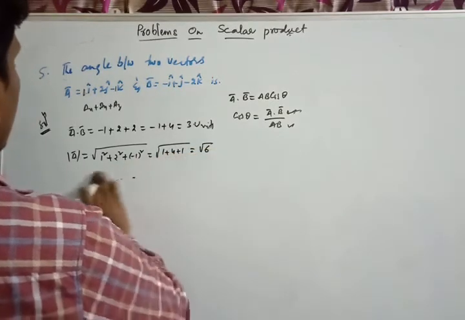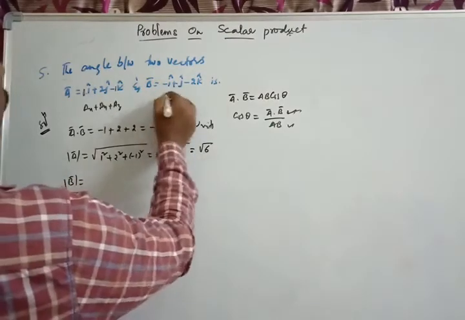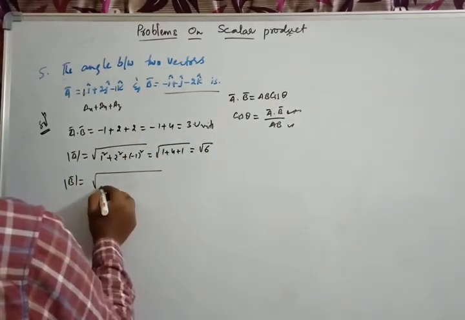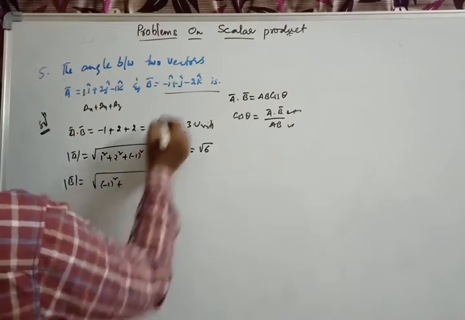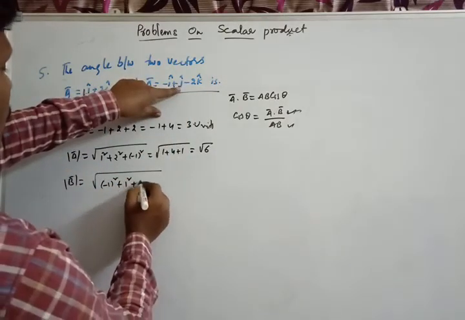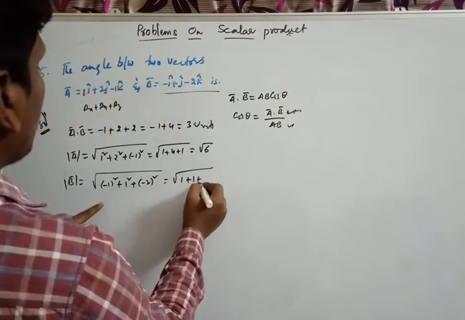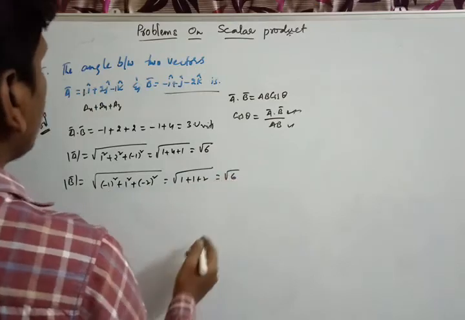That is root 6. In the same way we find mod B bar: square root of minus 1 square plus 1 square plus minus 2 whole square, square root of 1 plus 1 plus 4, same root 6.